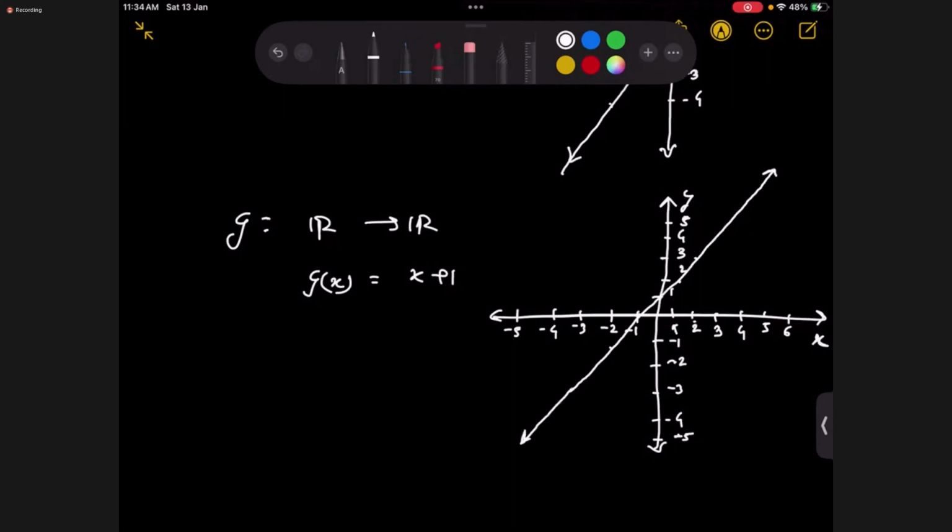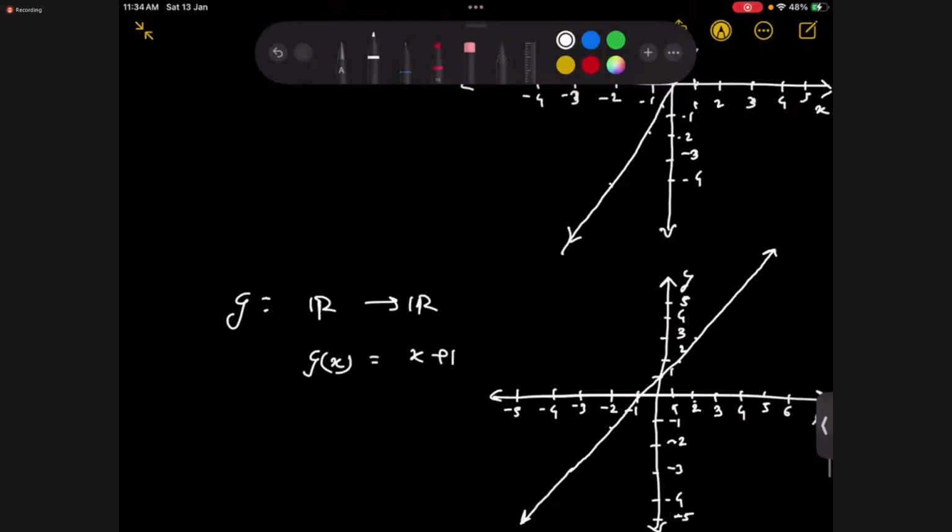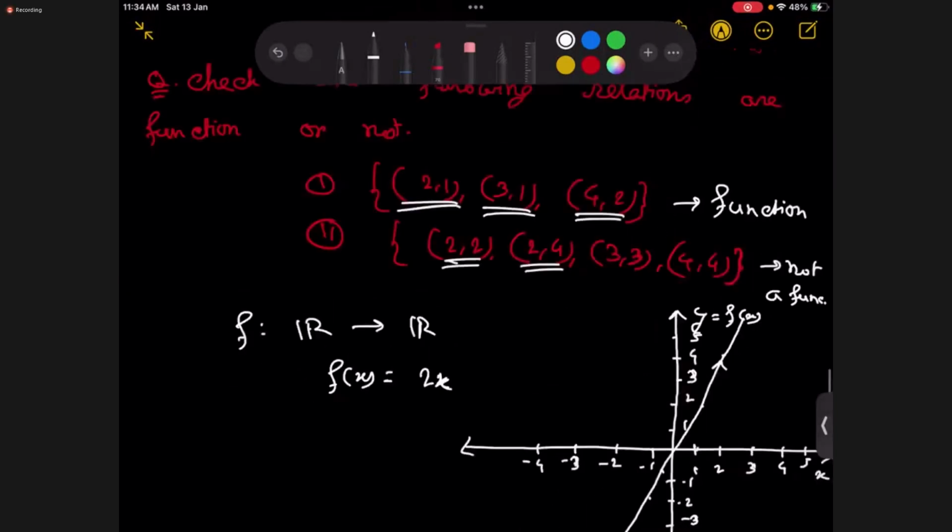Joining all these points, we can draw the graph of the line x plus 1. So what we are doing is finding some particular points and their images, and by plotting these points we are guessing what the graph of the function can be, and thus we are drawing the graph of a function.